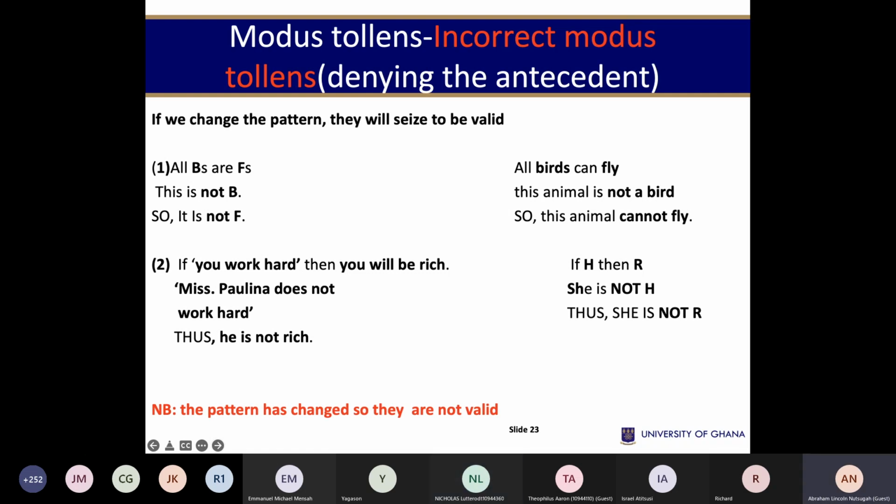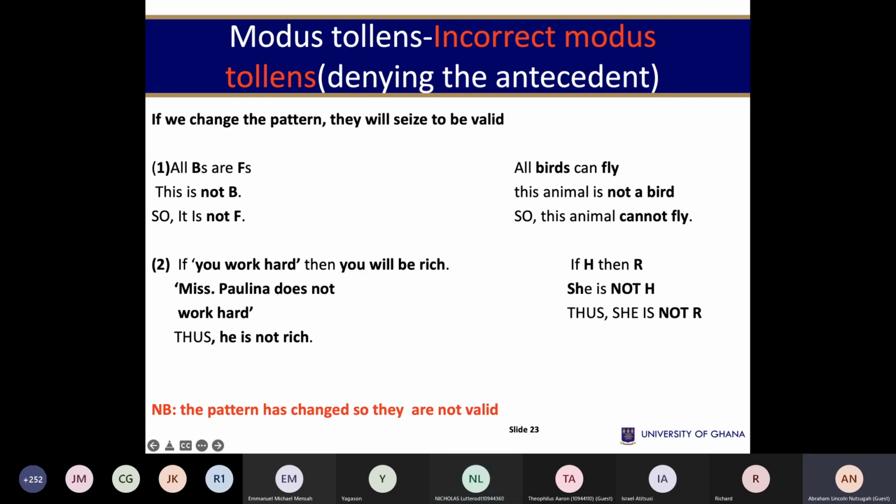If you make a mistake with this pattern, it means that you've committed a fallacy, incorrect modus tollens. So instead of denying the consequence, you deny the antecedent. Let's look at the second example here. If you work hard, then you will be rich.